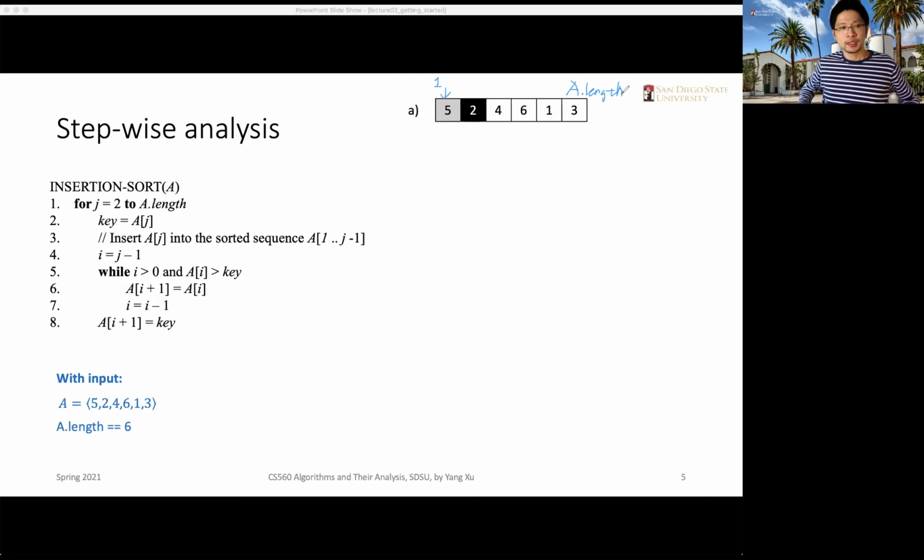But because this is pseudocode, maybe the author of the textbook wanted to make it easier to read for people not that familiar with programming languages. The convention in this textbook is that the first element has index 1.